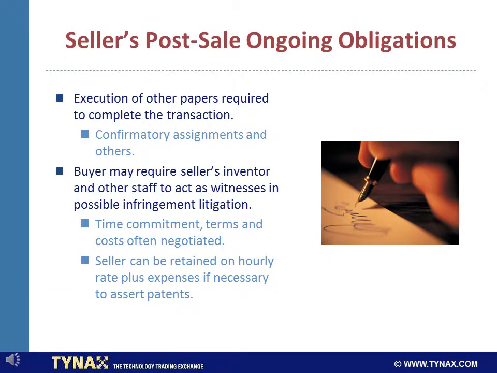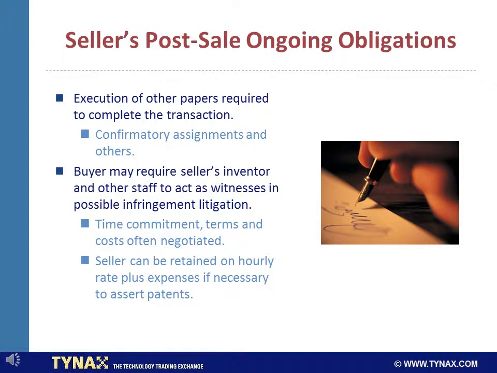After the sale has been closed, the purchase price paid, and the patent rights assigned from the seller to the buyer, there are some obligations on the seller that continue post-sale. The patent purchase agreement will require the seller to execute any other papers that may be required to complete the transaction.